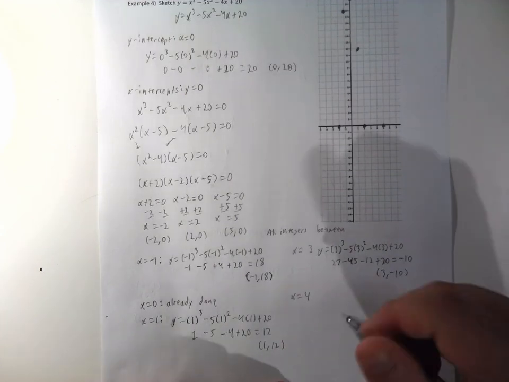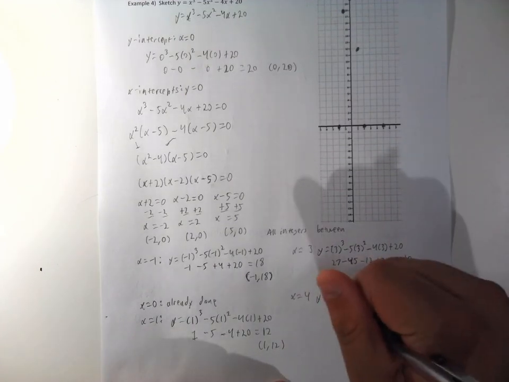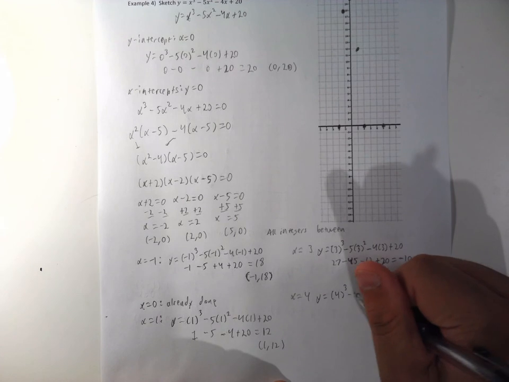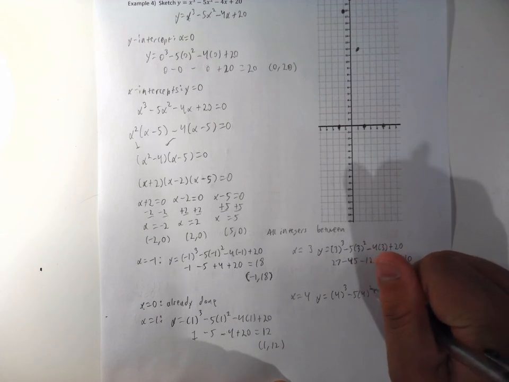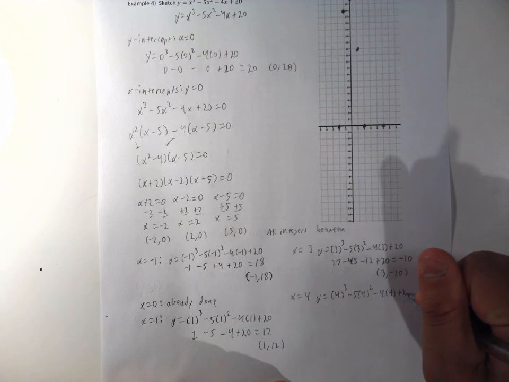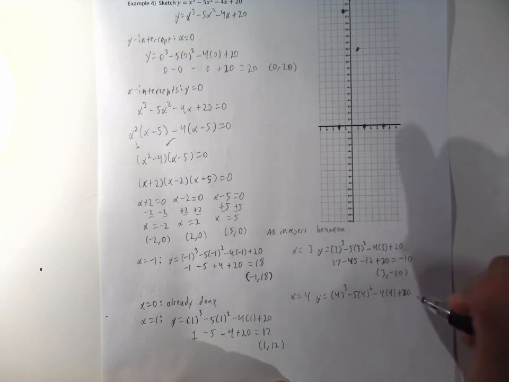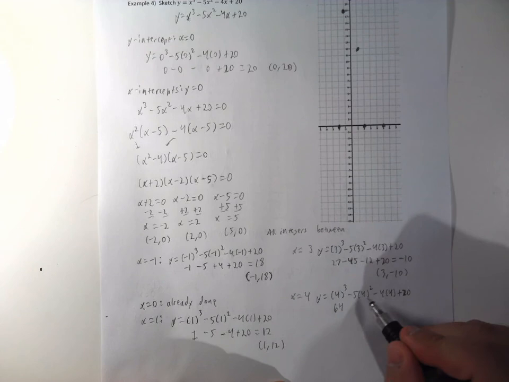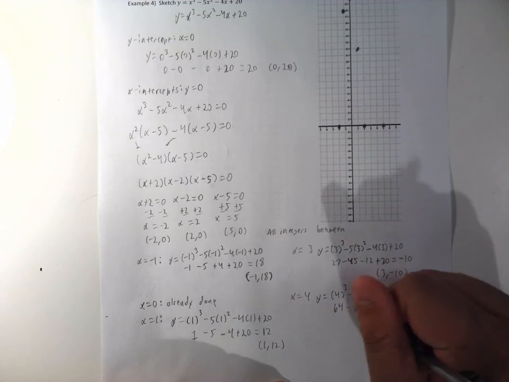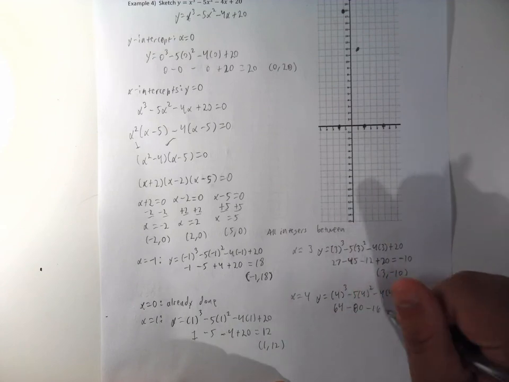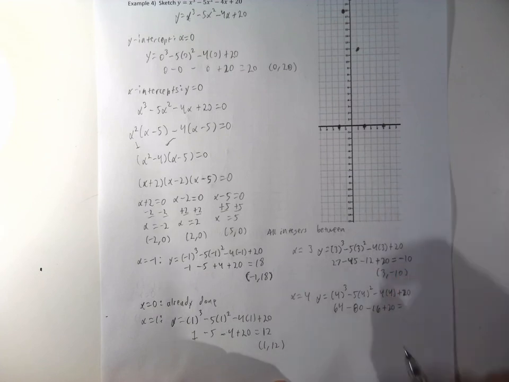At x equals 4, we have y equals 4 cubed minus 5 times 4 squared minus 4 times 4 plus 20. So that'll be 64. 16 times minus 5 is minus 80. Minus 16 plus 20.